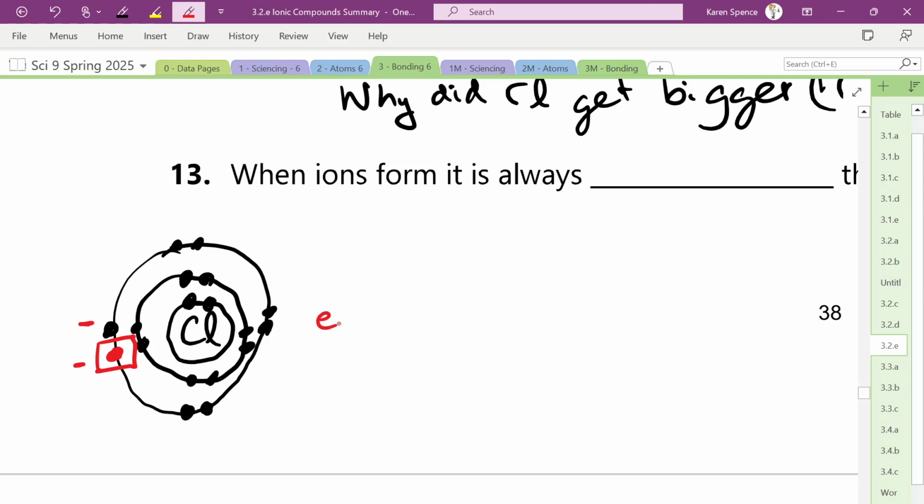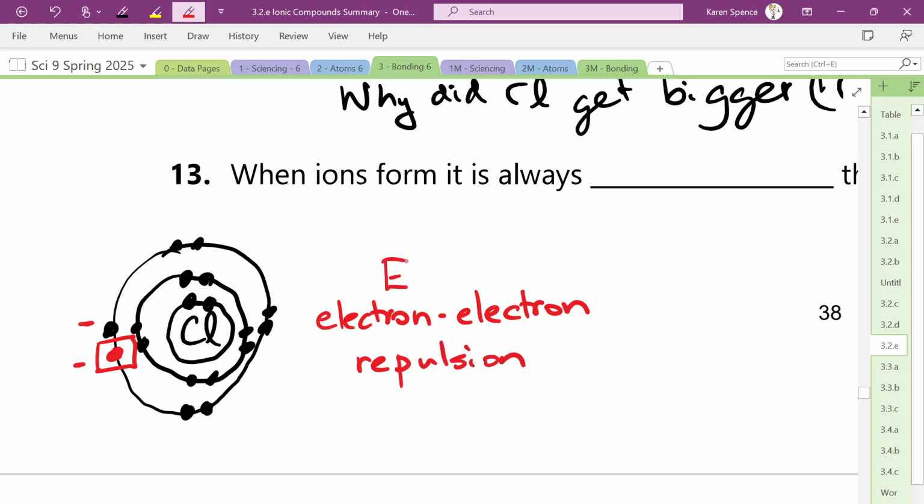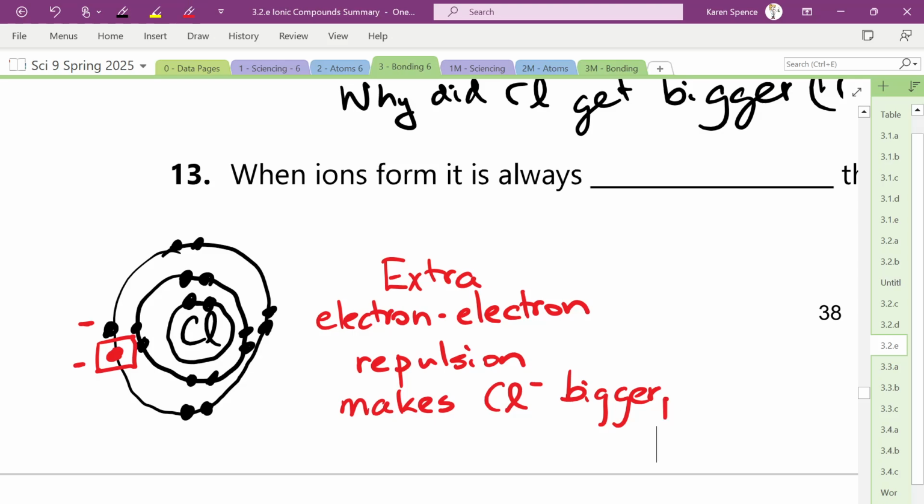And we call that electron repulsion. So the extra electron repulsion makes Cl minus bigger. Let me just draw a dot. That's okay. There we go.